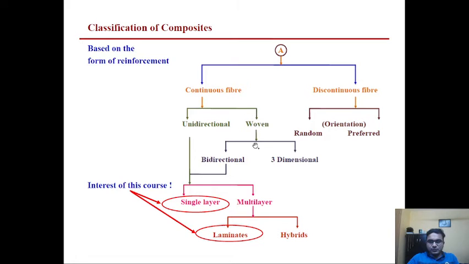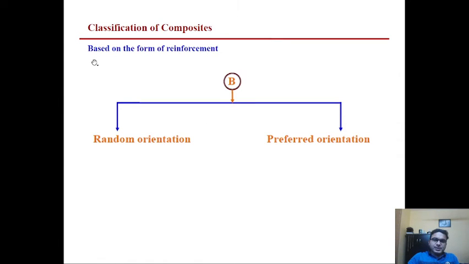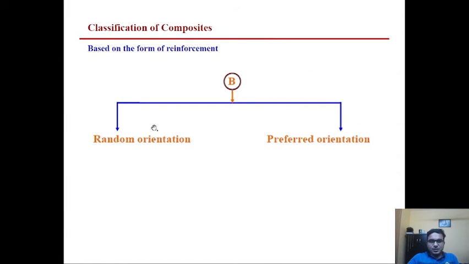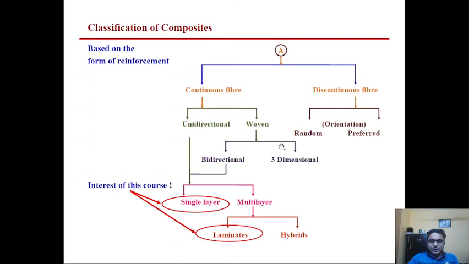In woven we have a further classification: bidirectional, that is two-dimensional or three-dimensional. In bidirectional we have single layer and multi-layer, and in multi-layer we have a further classification as laminates and hybrids. Here we will be discussing only single layer and laminates in this course. Now at point B, particulate, we have random orientation and preferred orientation.